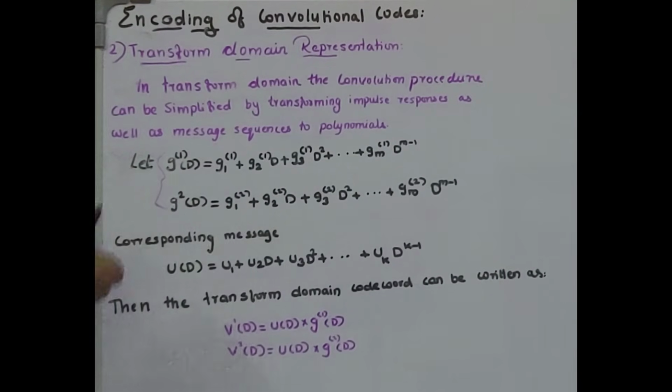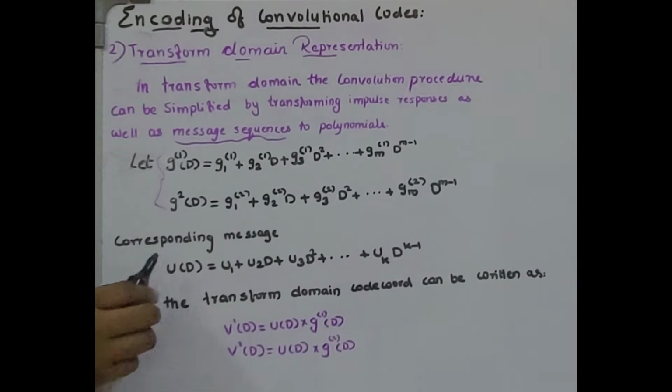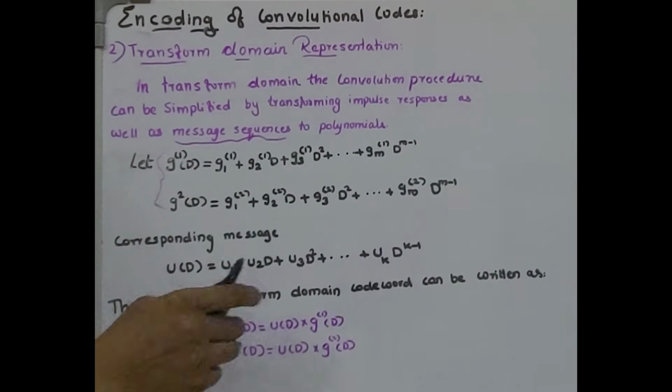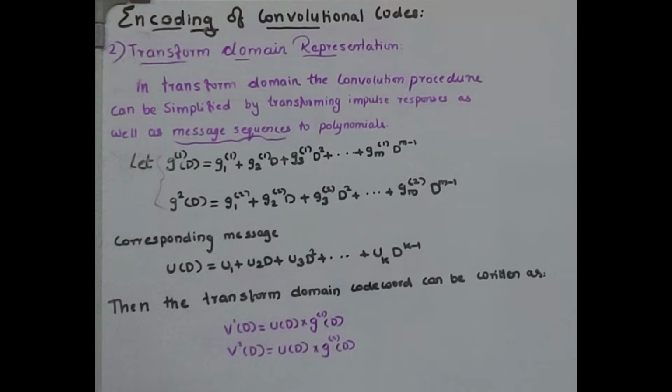Now we want to convert the message sequence to a polynomial. Let U be the message, and the corresponding polynomial is U(D) is equal to U1 plus U2 D plus U3 D square plus etc., plus Uk D raised to k minus 1. So this is how we convert the generator sequence and message sequence to polynomials.